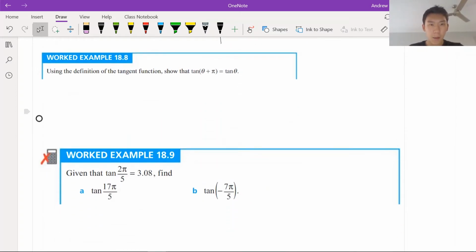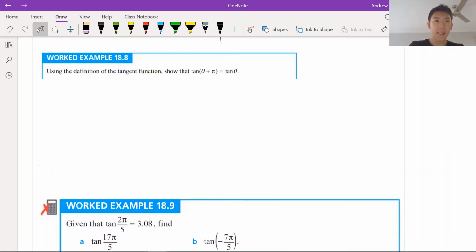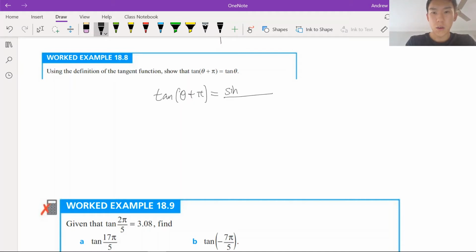Okay, moving on, 18.8. Using the definition of the tangent function, show that tan(theta plus pi) equals tan theta. All right, well, the tangent function is sine over cos, right?